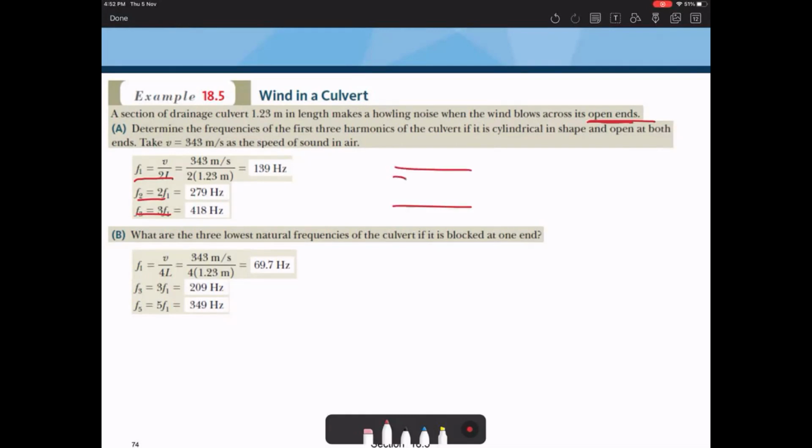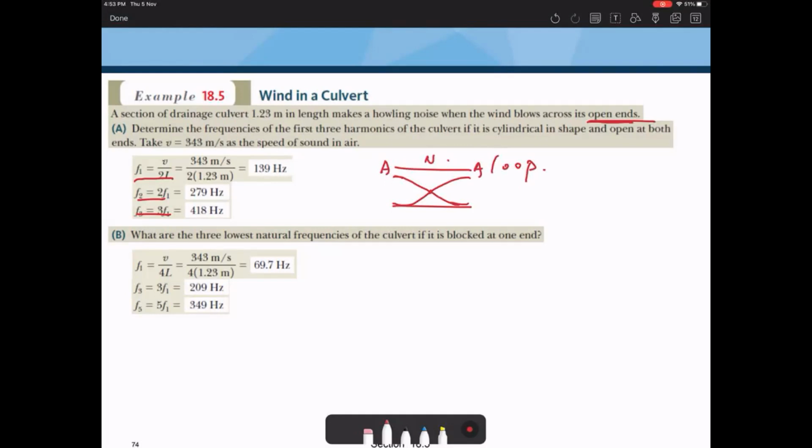If it is open at both ends, the standing wave would be something like that. Now I'm always trying to draw the loops of the standing wave pattern, where the largest amplitude corresponds to the antinode, and the meeting point where you have the minimal amplitude is the node.